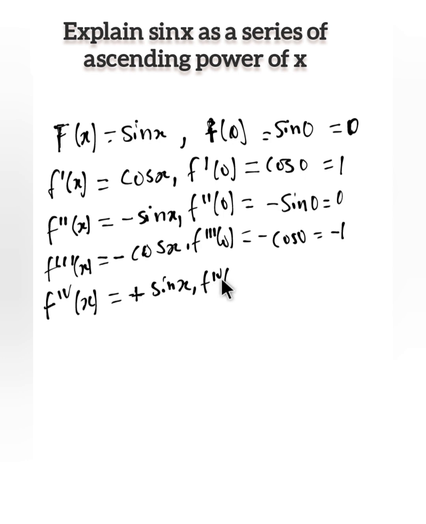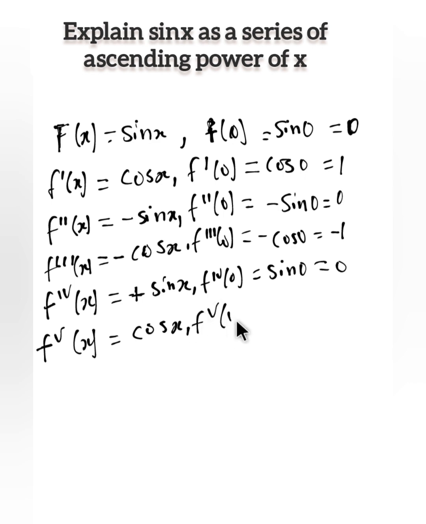The fourth derivative at 0 will be equal to sine 0, which is equal to 0. Now let's proceed. The fifth derivative of x is equal to, differentiating sine x, cos x. So the fifth derivative at 0 gives us cos 0 equals 1.